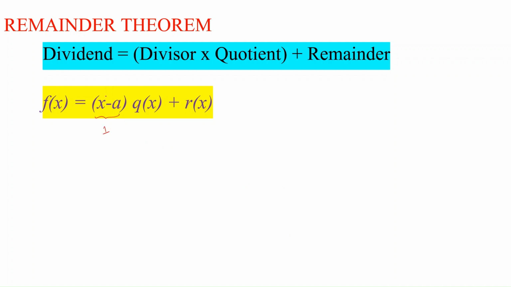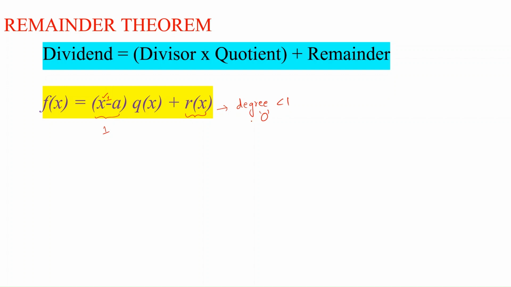Degree is nothing but the highest power of variable. Here x is the variable and degree of x is 1. As the remainder should have degree less than 1, it would be 0.